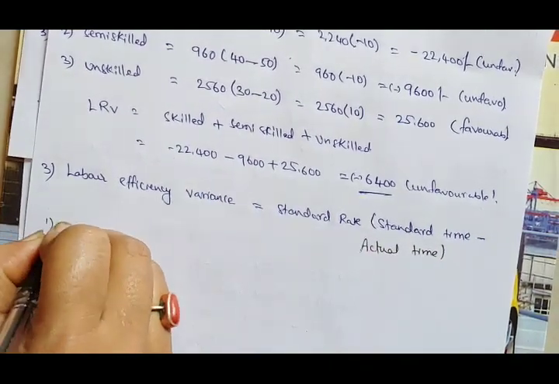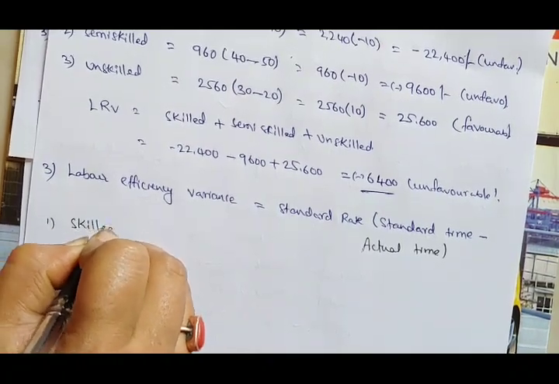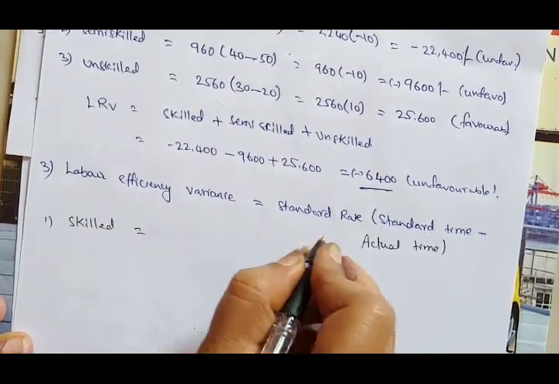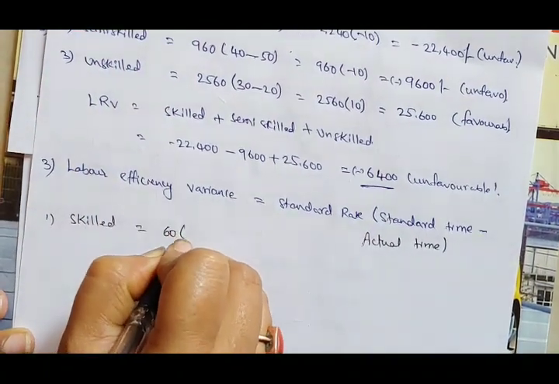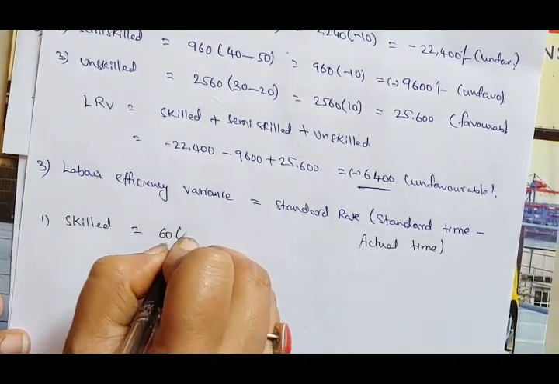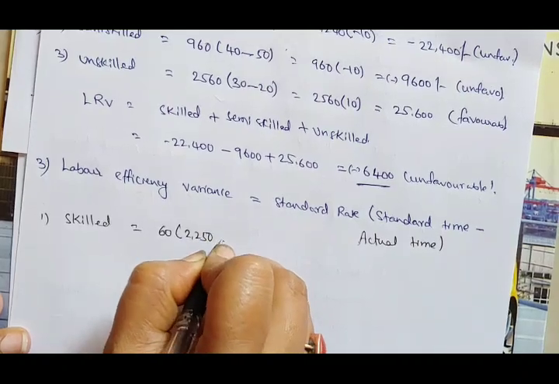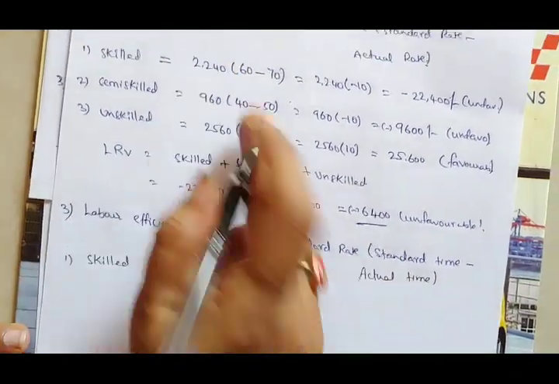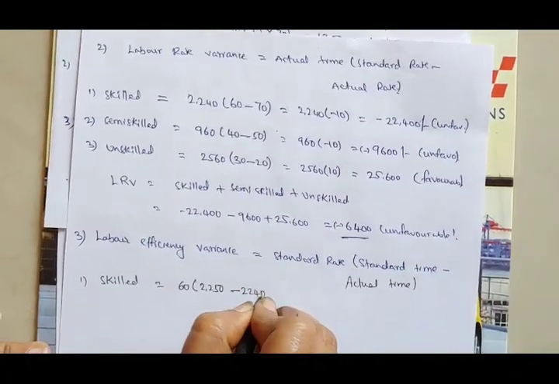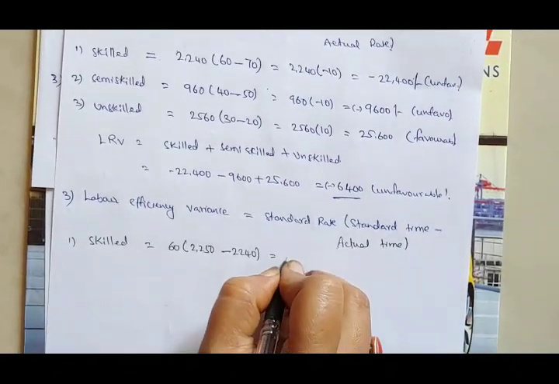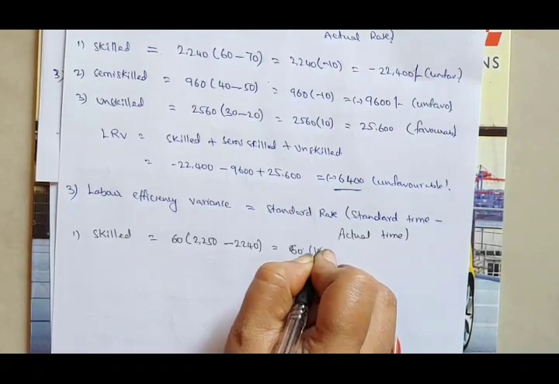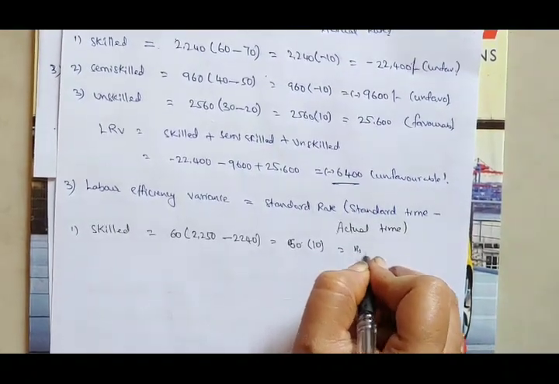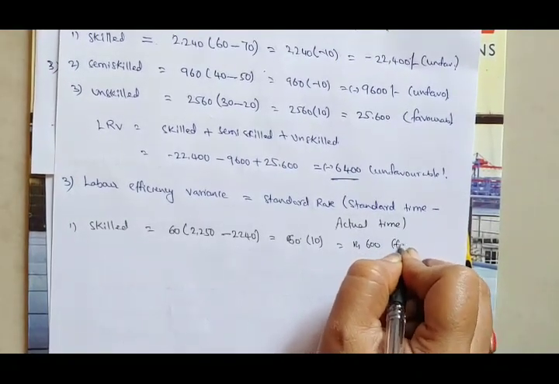In this, first we have to calculate skilled members. Skilled: standard rate is 60 into standard time 2,250 minus actual time 2,240, equal to 60 rupees into 10, which is rupees 600. It is favorable.